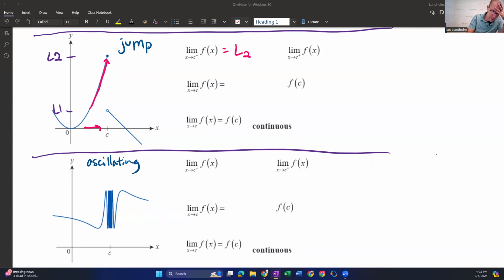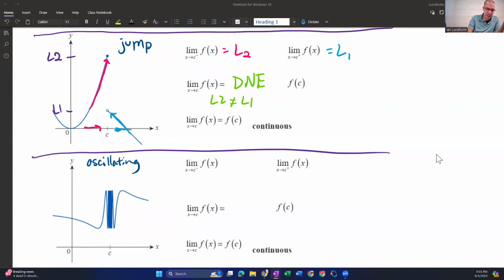Coming from the right, we'd be traveling up this line and we would be approaching the y value of L1. Since those are two different specific y values, we would say that the overall limit does not exist because L2 doesn't match L1.